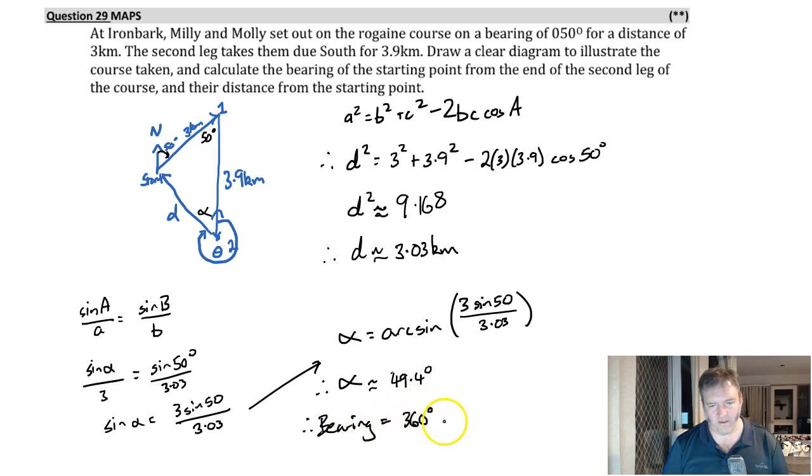360 degrees minus 49.4 degrees, which is approximately 310.6 degrees.